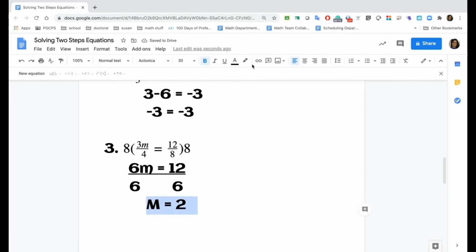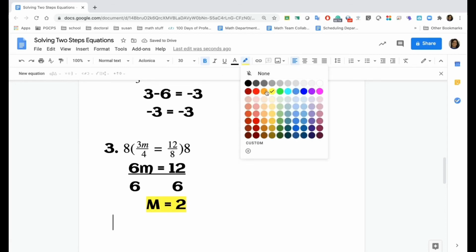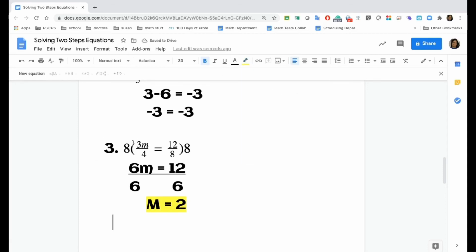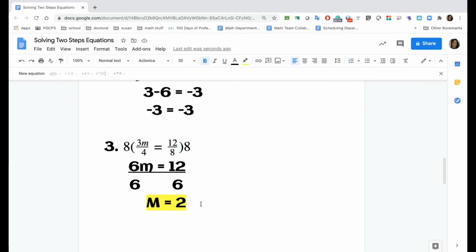And again, we need to check if our answer is correct. Let's substitute m by its value. Let's copy the equation again and replace the m by 2.